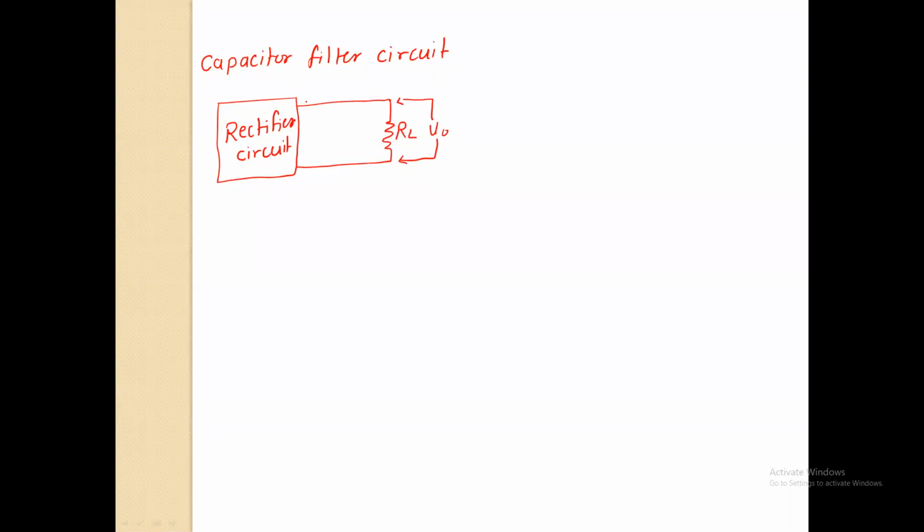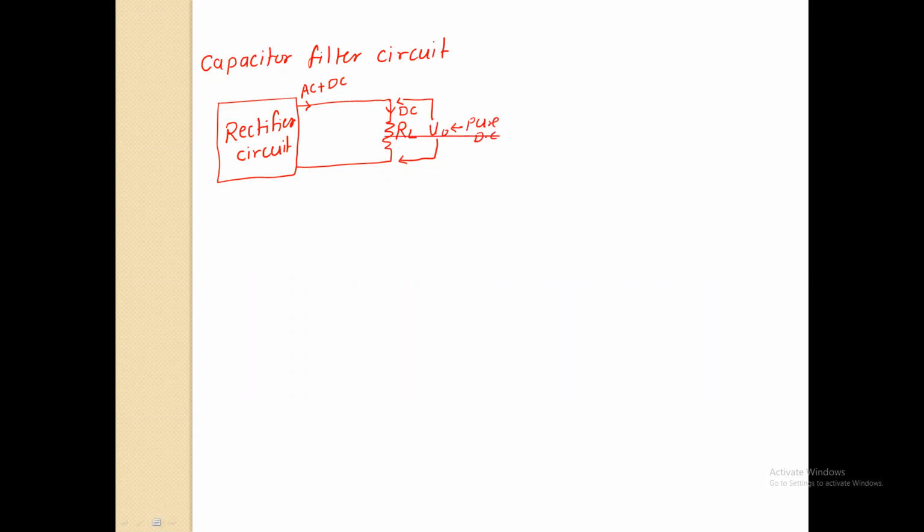As you know, the output of the rectifier circuit consists of AC plus DC component. And what is our expectation? Only the DC component should flow through that RL. मग त्यावेळेस आपला पर्पज सर्व होणार आहे. So we will get the output voltage as a pure DC voltage.